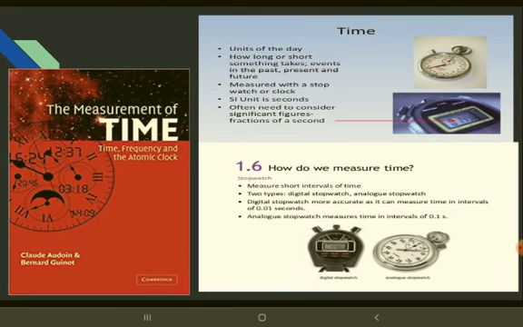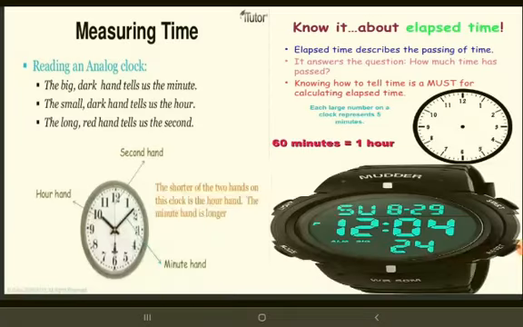Time is measured in seconds, minutes and hours, right, children? The standard unit of time is second. Look at the picture; maybe you learnt it in math. The small hand is the hour hand, the large hand is the minute hand, the red hand is the second hand.